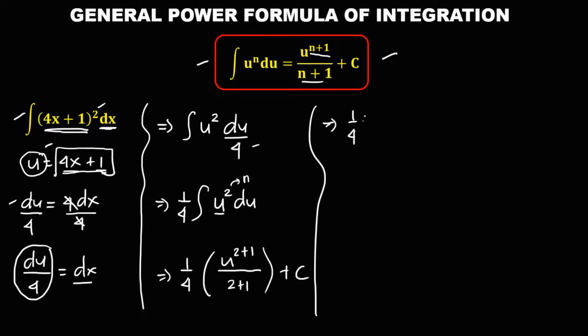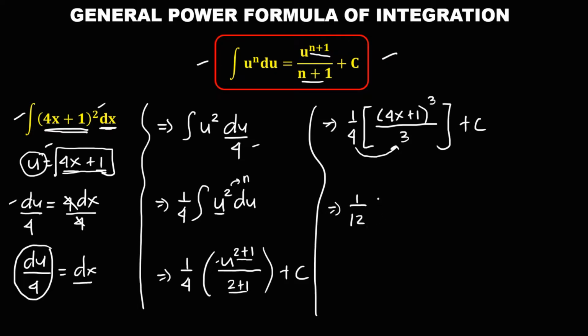So we have 1 over 4 times u, and u is 4x plus 1, to the power 2 plus 1, so to the power 3, over 2 plus 1, so over 3, then plus c. And for the final answer, multiply this 4 times 3, that's 12. So we have 1 over 12 times 4x plus 1 to the power 3, then plus c.